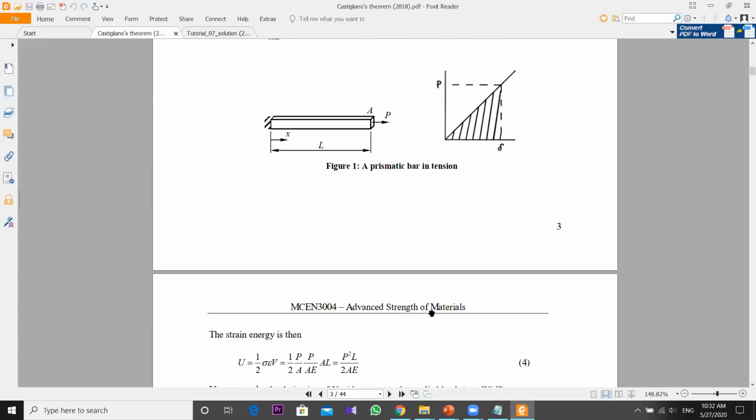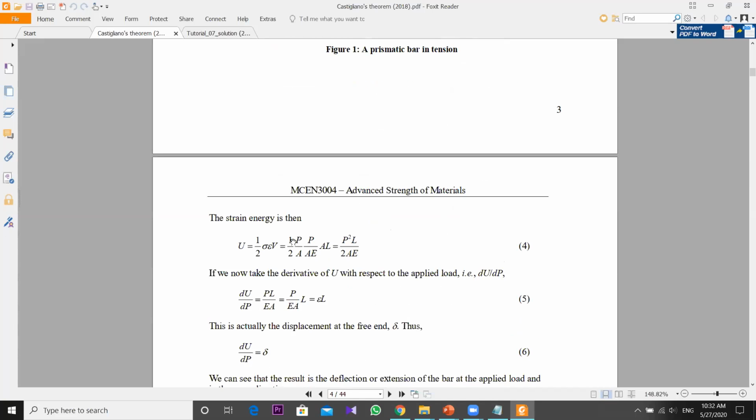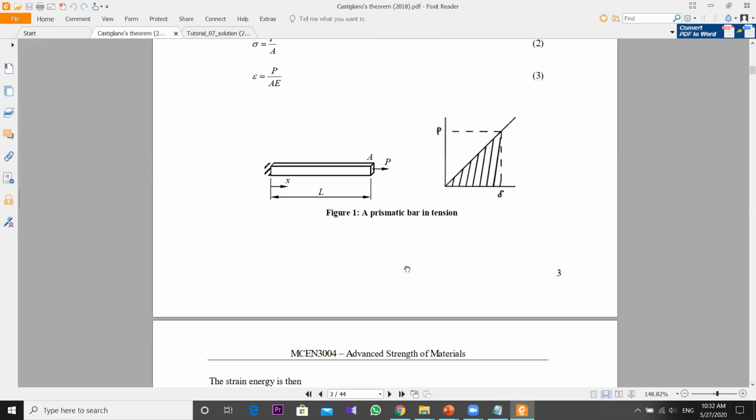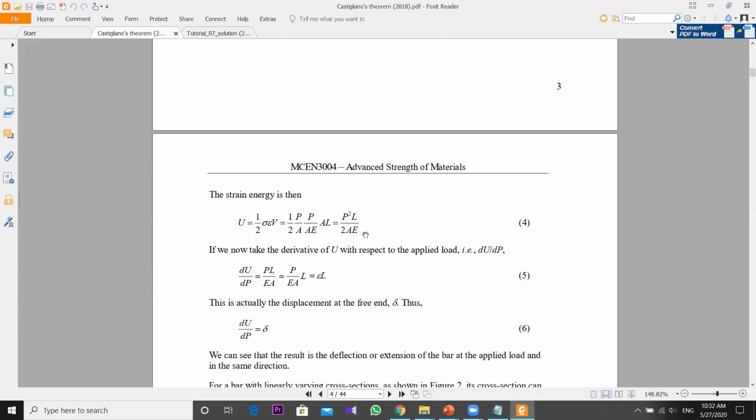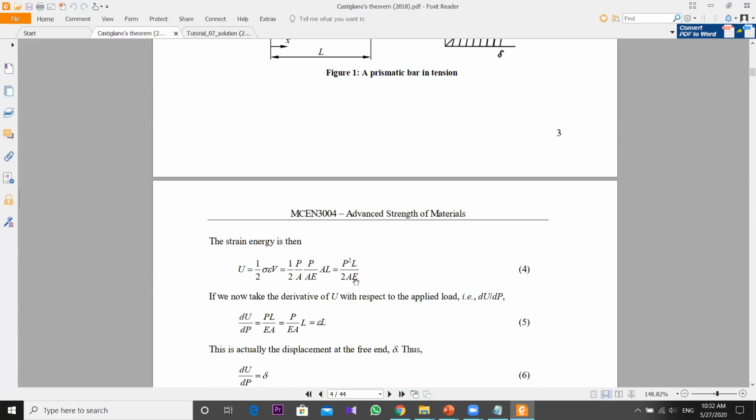We can substitute here, and when we cancel A, we get P squared L divided by 2AE. This is the equation we saw for the constant variable case. If it is constant, we don't need to apply integration. You can see this equation in the presentation with the axial load: with axial load, this is the strain energy equation.